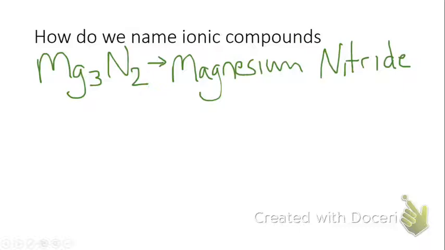So we have magnesium nitride. Notice what I do not do with the subscripts. I do not turn them into words and put them before either the metal or the nonmetal. So it's not trimagnesium dinitride. In ionic compounds, we just put the name of the metal and the root of the nonmetal with an ide next to it.